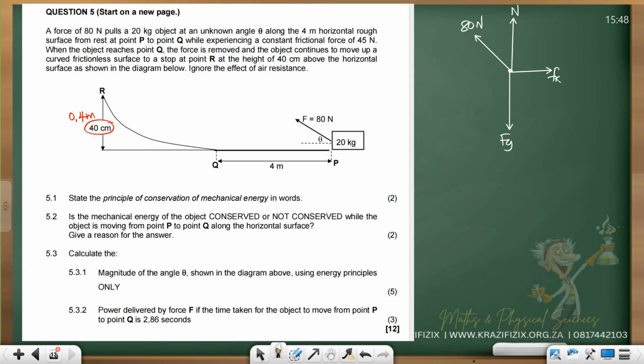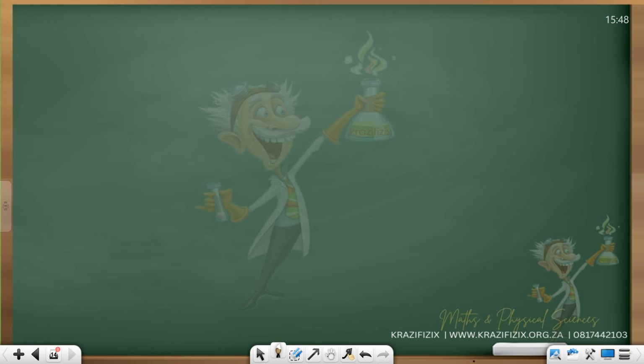Let's use energy principles. When they say energy principles, I could work with my work done by non-conservative force. I'm going to quickly go to a fresh page. Let's analyze very slowly. We have friction, Fg, this is 80 newtons, and that's normal. Now, guys, I don't like working with inclined forces, so we resolve.